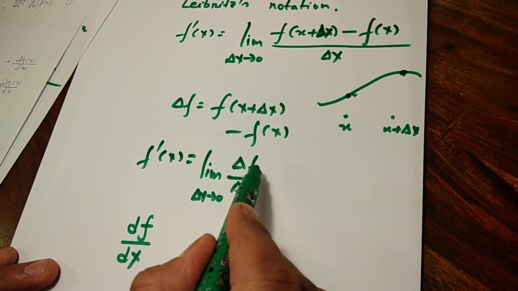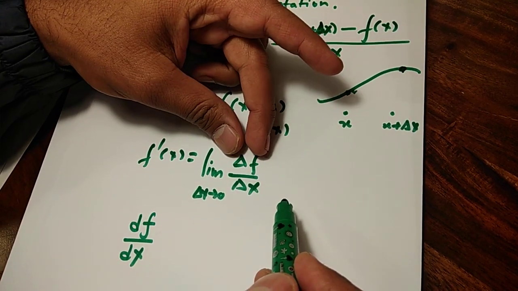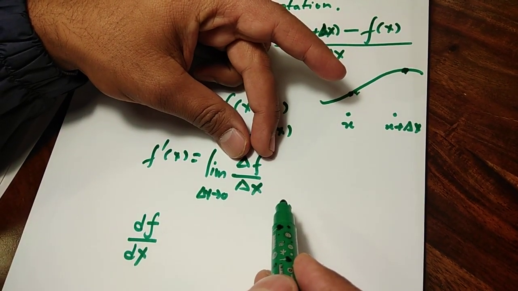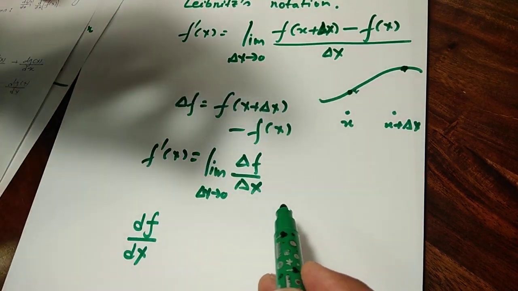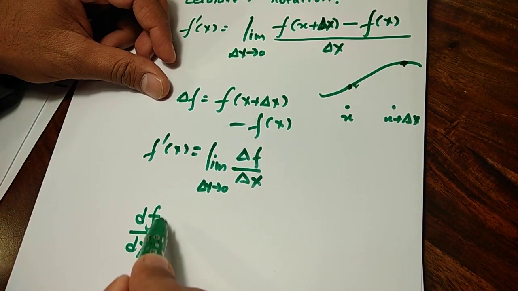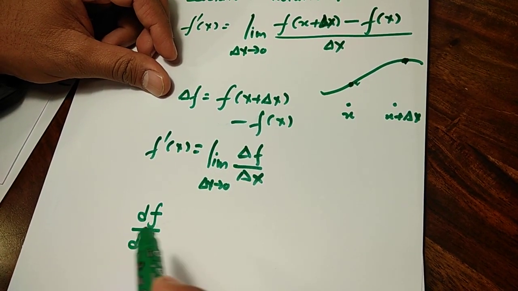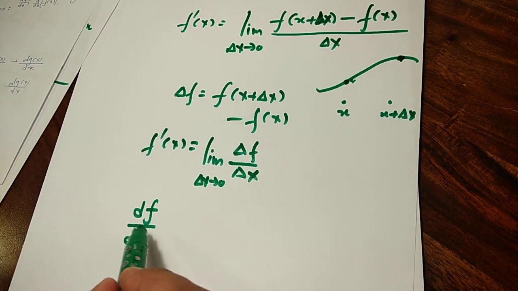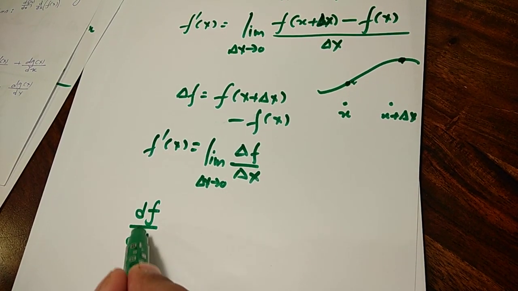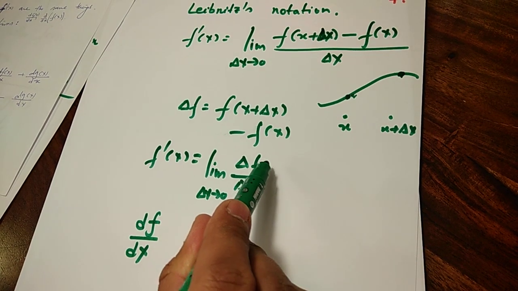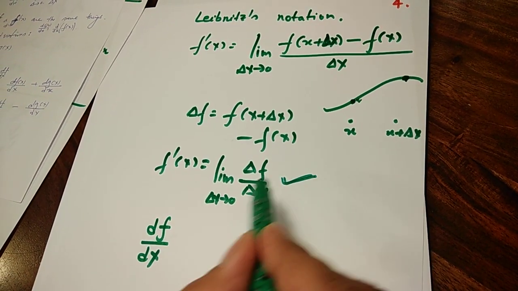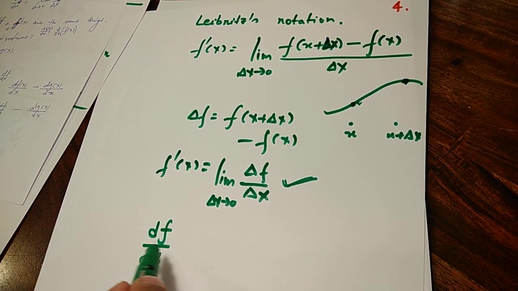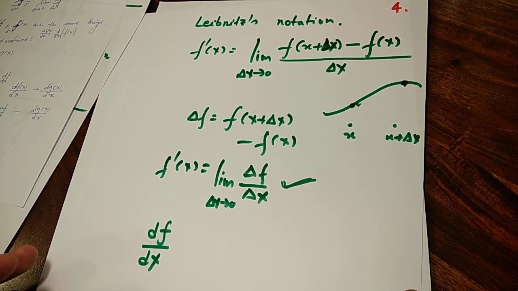Okay, so he was imagining this as a differential element df over a differential element dx. Okay, but it's not really a ratio of these two quantities. It makes no sense. So you should not interpret it as a ratio of such things. The real meaning is this. Okay, but this is quite useful notation.